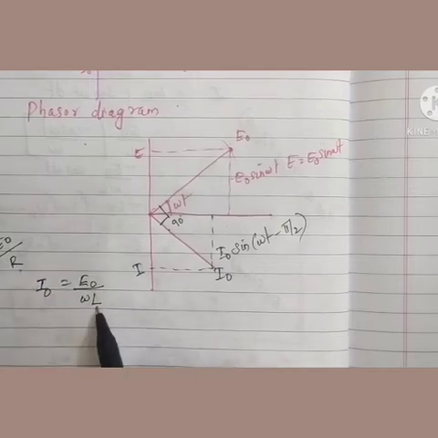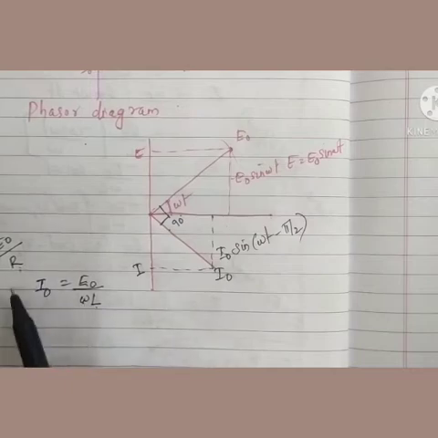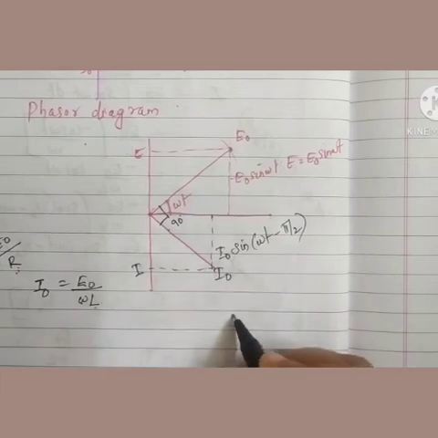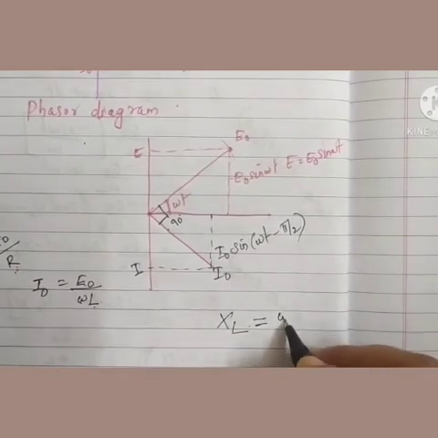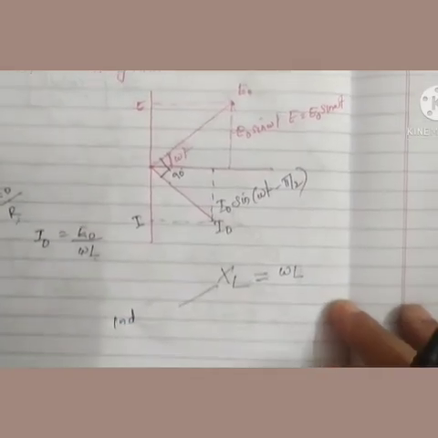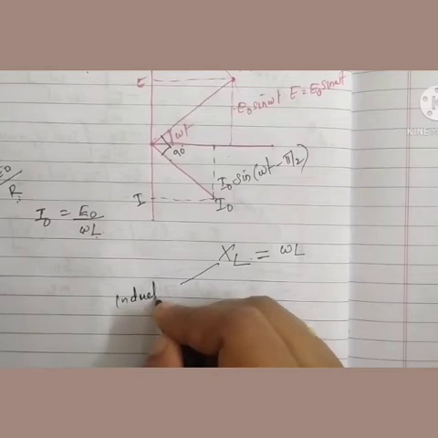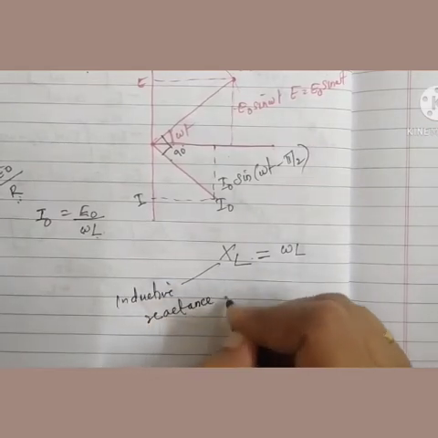So omega L is analogous to the resistance, and this is denoted as XL. XL is equal to omega L, and this XL is known as inductive reactance.